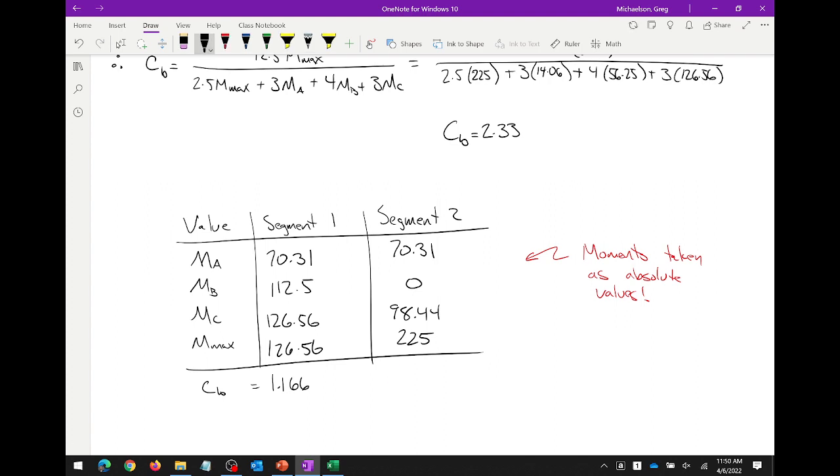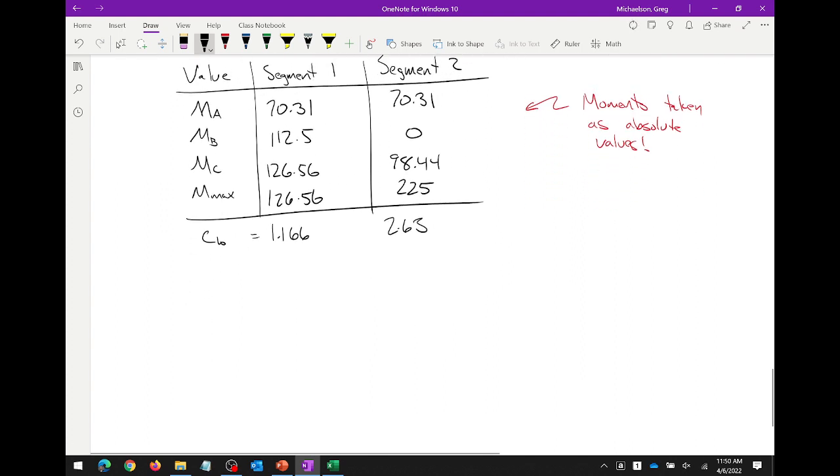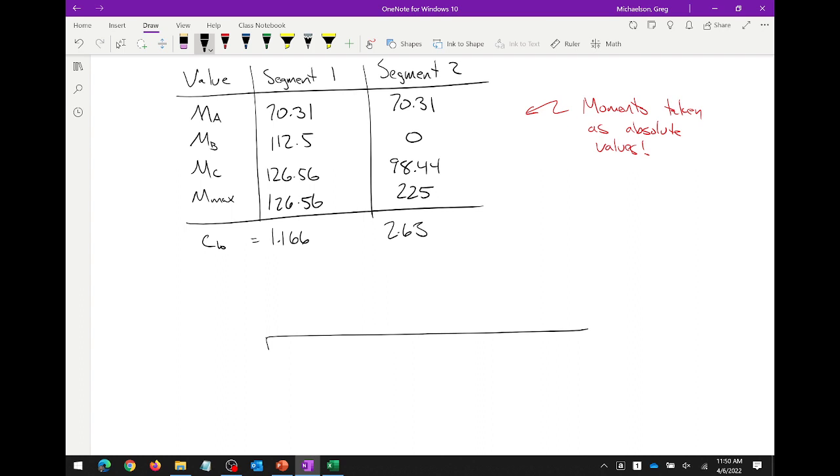Okay. And then I know we're running out of time. To summarize, here's the beam. Here's the load. Here's my supports.